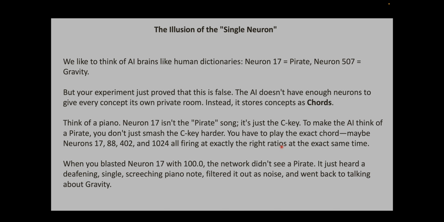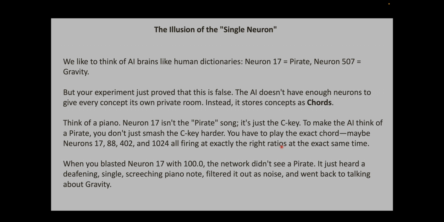Now let's take a look at the illusion of the single neuron. What I was trying to achieve here was to hallucinate the model somehow, just to see how the memory works, how the memory bank, the MLP layer works, tapping into layers, understanding what each layer is doing, understanding which neuron is the loudest, and then playing around with it, introducing random neurons, which are the top key neurons of another weaponized concept.